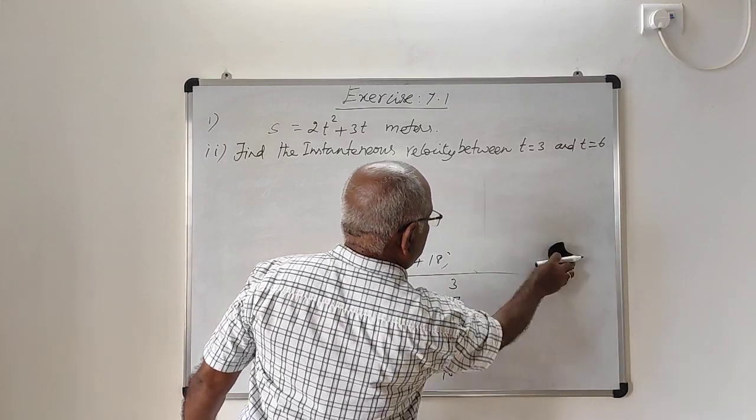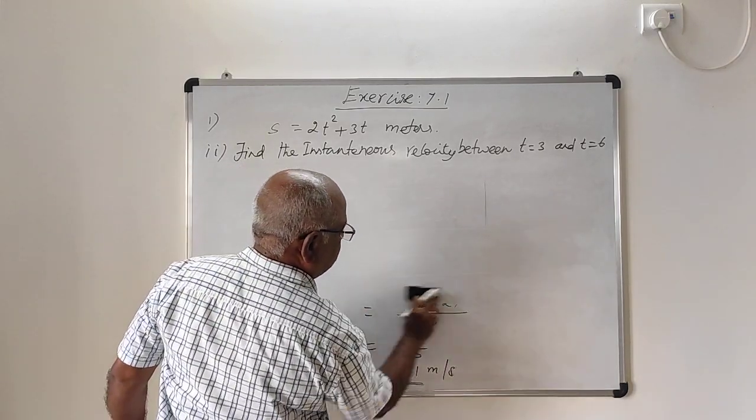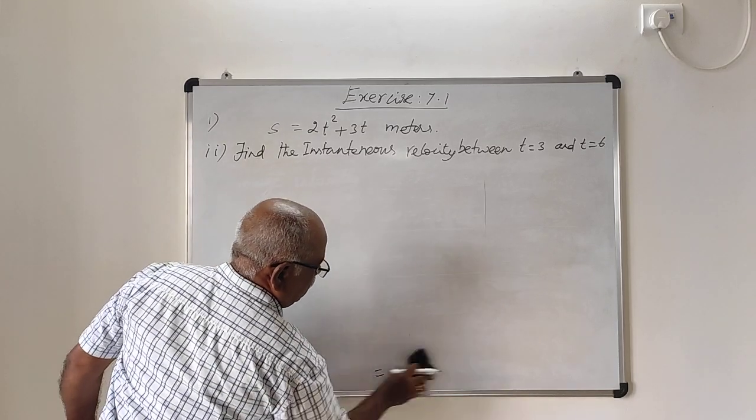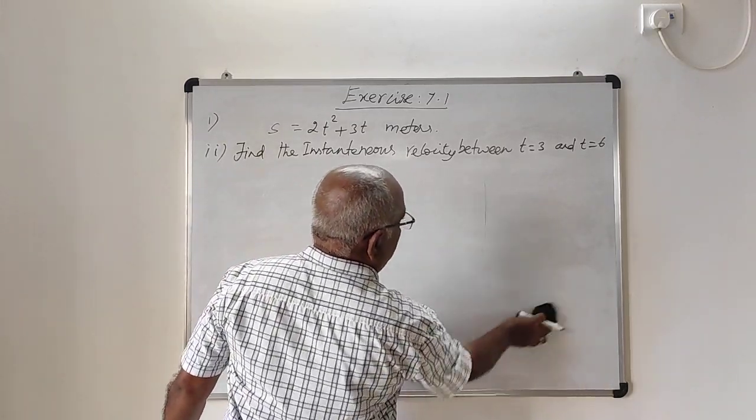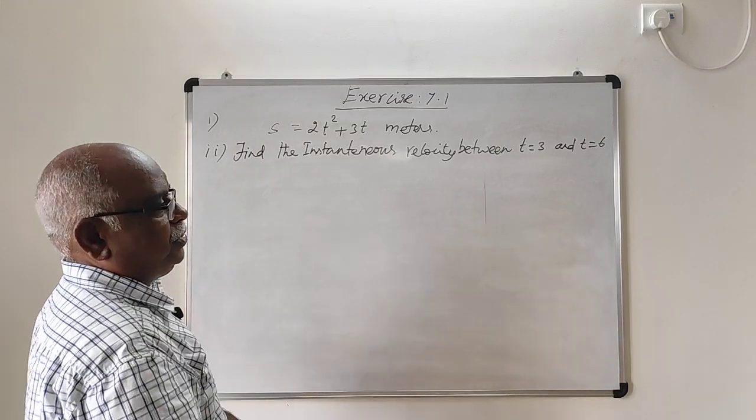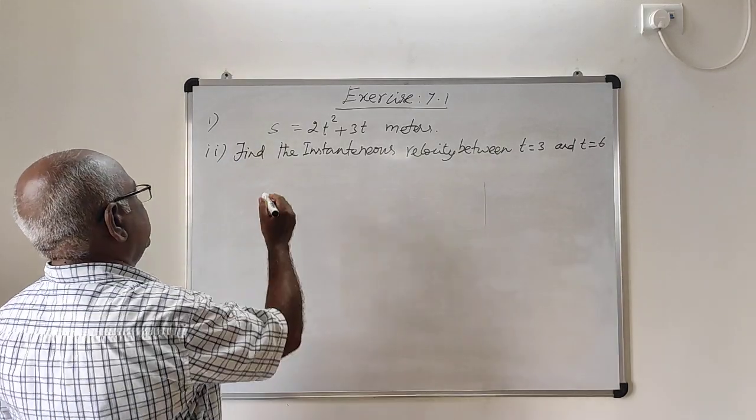Instantaneous velocity is ds by dt, that is the limit of Newton's quotient as the increment tends to 0. F dash of x is the instantaneous velocity.